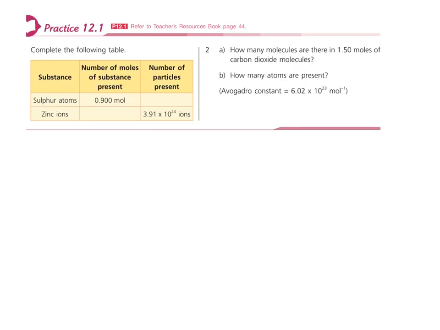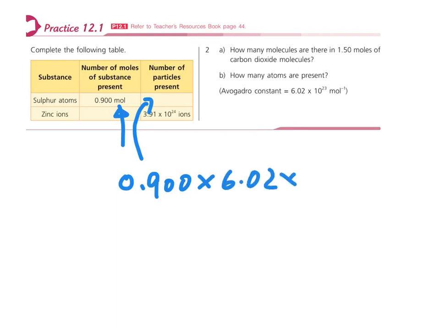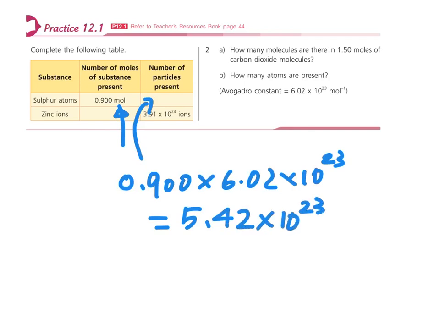So here are some examples. If we have 0.900 mole of sulfur atoms, how many particles are present? Then we just need to do 0.900 times 6.02 times 10 to the 23. It will equal 5.42 times 10 to the 23 atoms. How about the reverse?